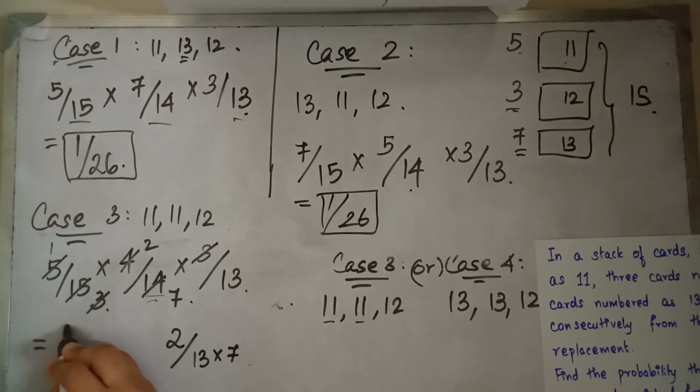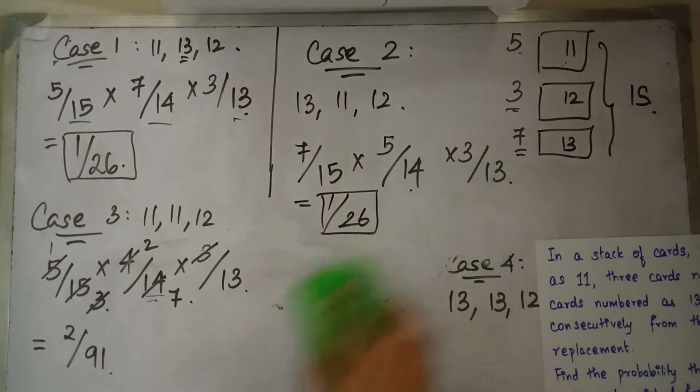This will give you 2 by 91. 1 second, let me double check if I've done it correctly. 5 by 15 into 4 by 14, 3 by 30. Yes, this will give me 2 by 91.